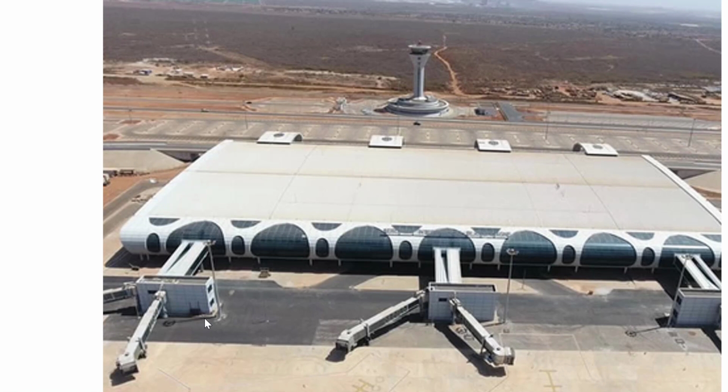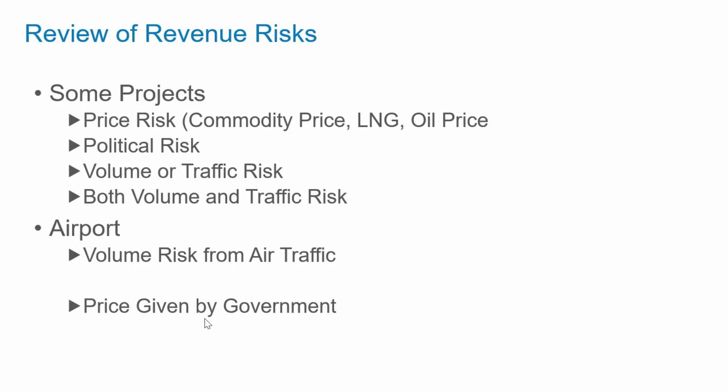I think this is an airport in Senegal, and we should remember some projects take price risk. The first project I introduced to you was this project for the LNG, the Ras Laffan project in Qatar.